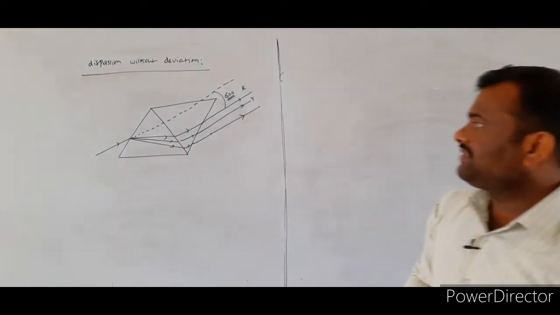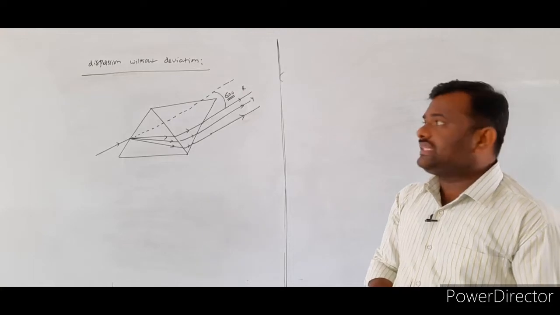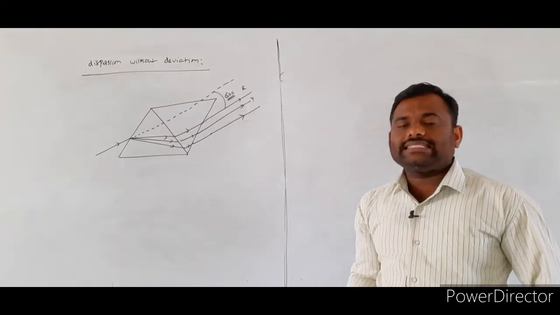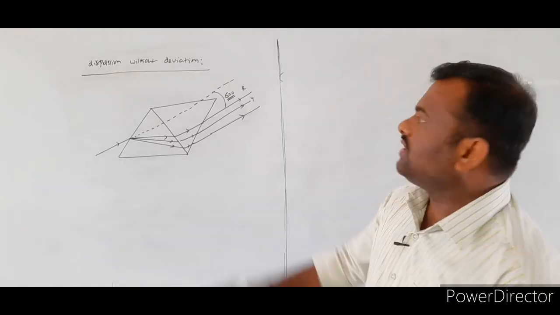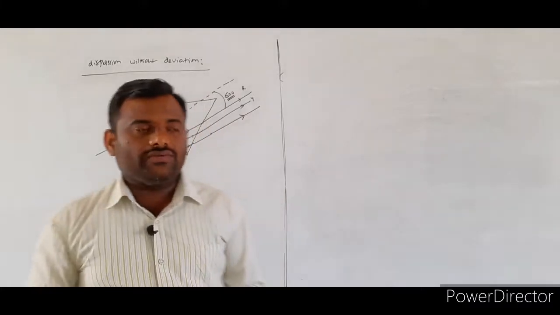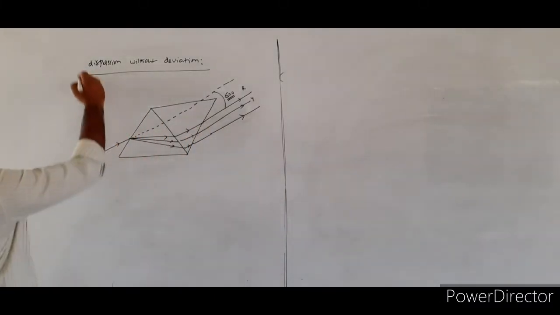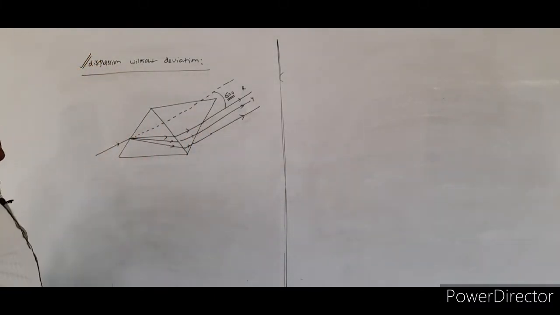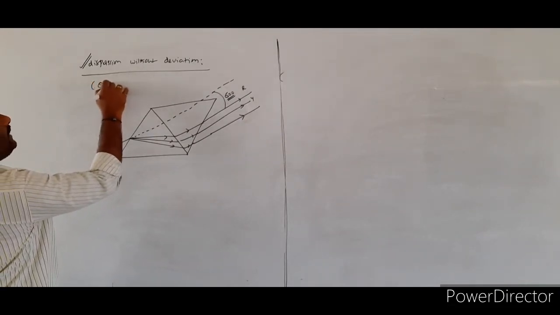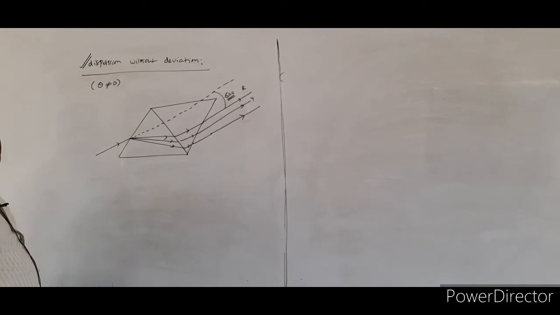See the next concept, dispersion without deviation. In the previous case, it was deviation without dispersion. So according to this, dispersion without deviation means what? Dispersion will exist. Dispersion means theta value is not equal to 0.